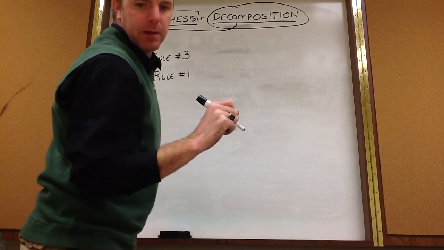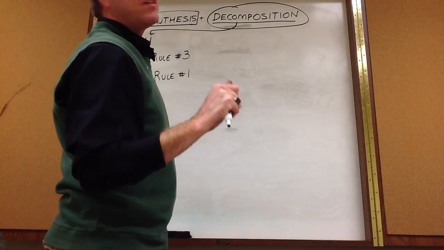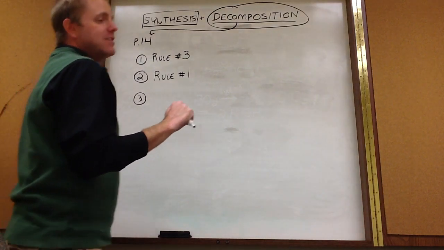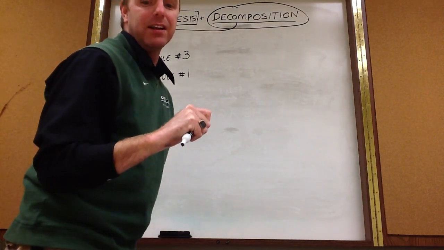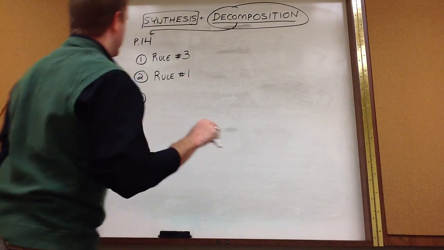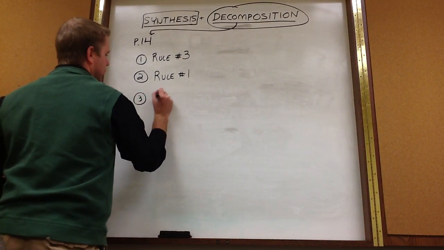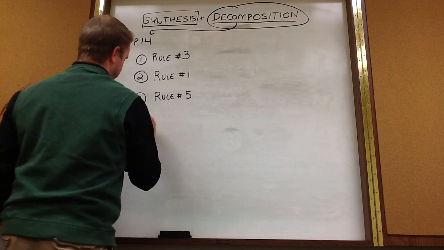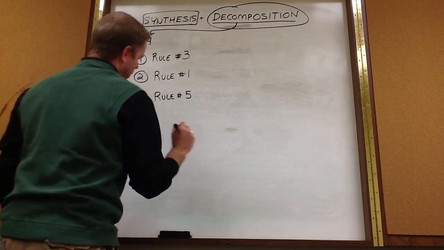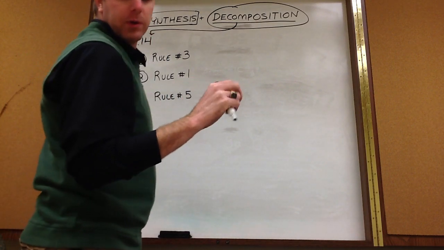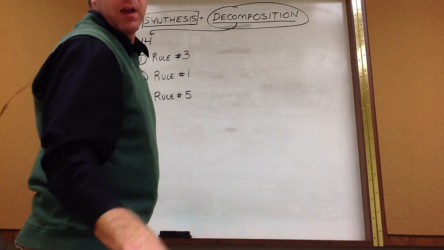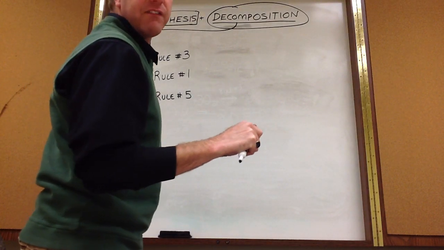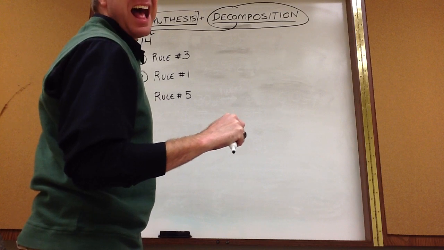Number 3, HNO2, that is something called nitrous acid. Well, when we look at what rules govern acid, it's rule number 5. Number 4, what you should have for number 4, let's see. Oh, there we go. It is ferric hydroxide.